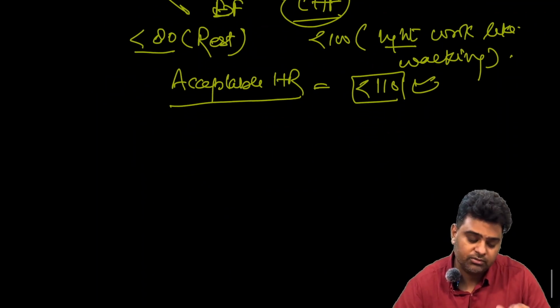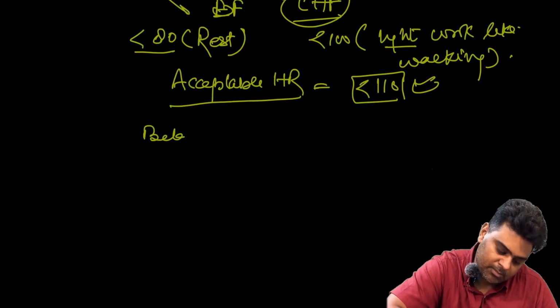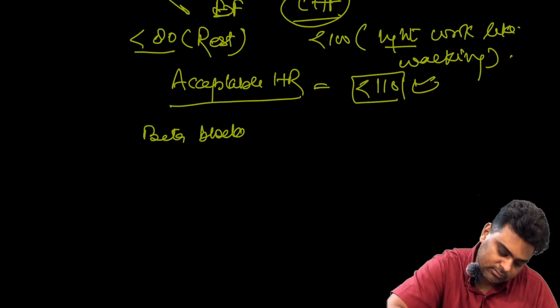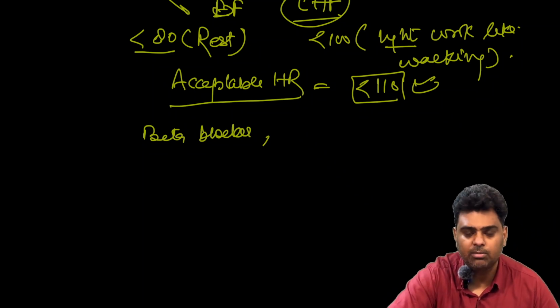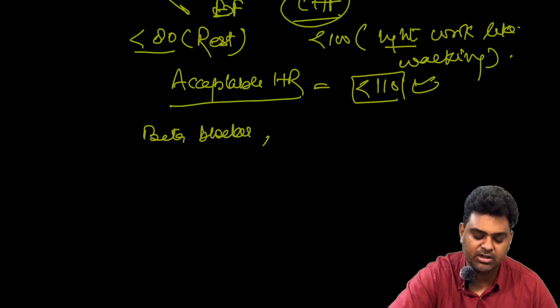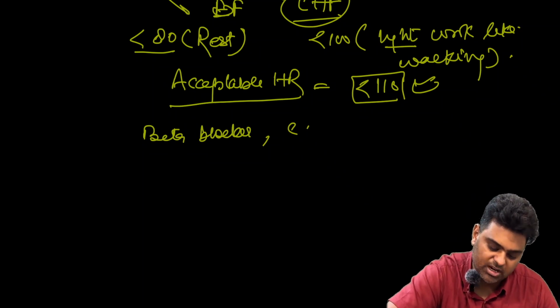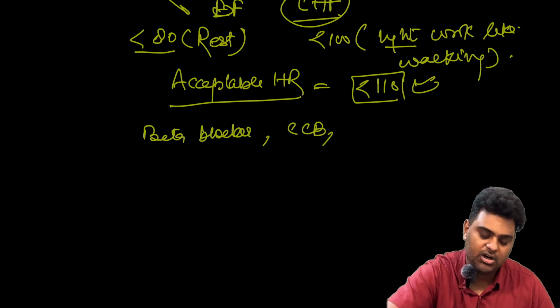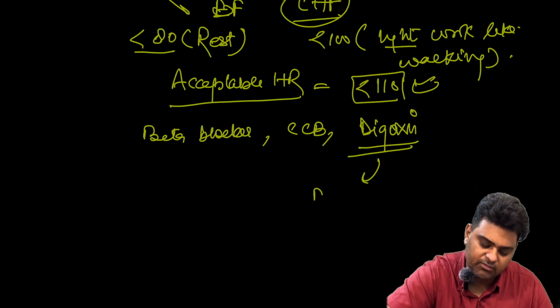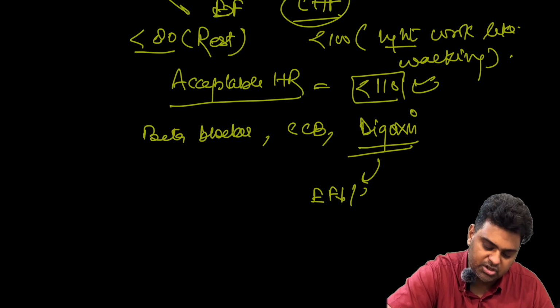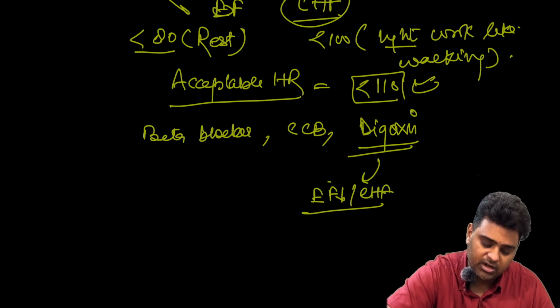So this is the thing. Now how will you do it? We have beta blocker. If you cannot give beta blocker, for example in case of asthma, if there is contraindication of beta blocker, you can use calcium channel blocker. Third, you can use digoxin. Now there is an important point regarding digoxin. Initially, patients with reduced ejection fraction or chronic heart failure were given digoxin.